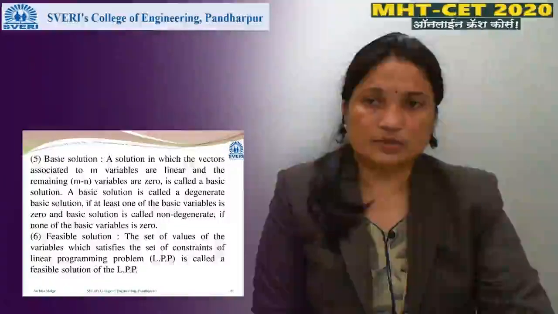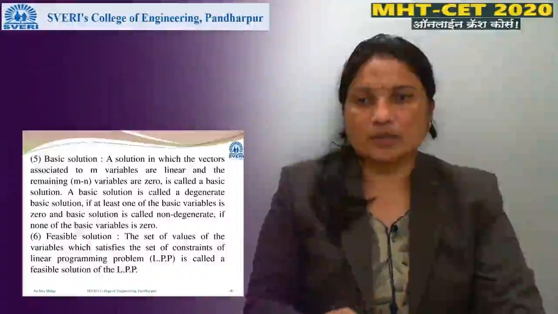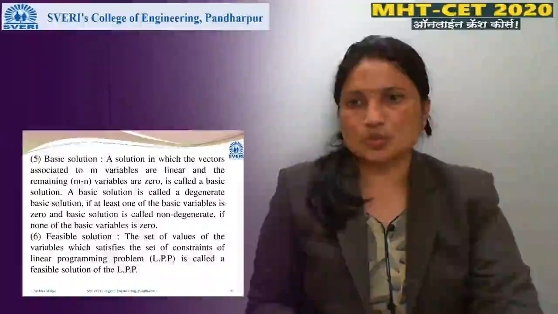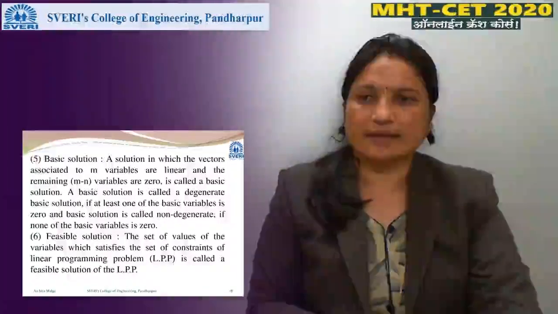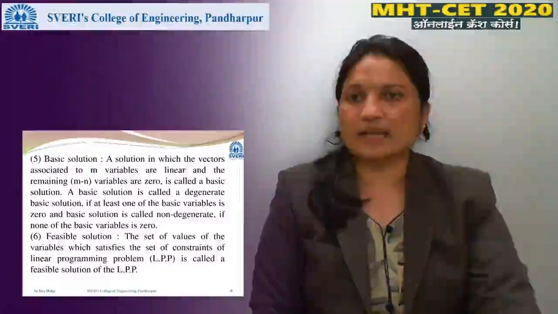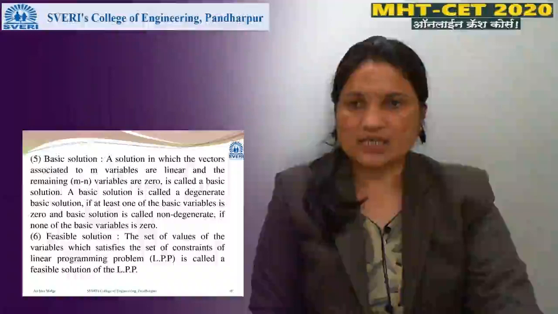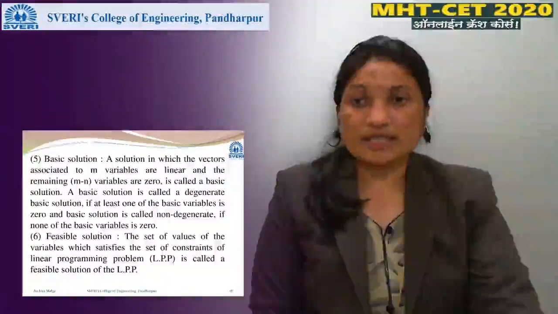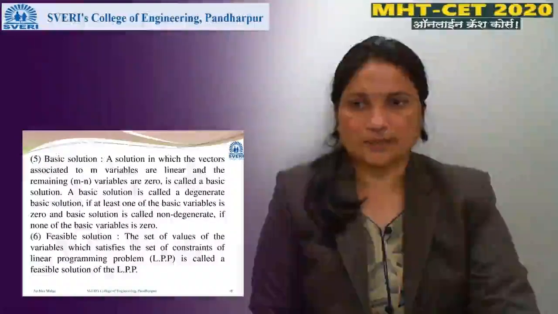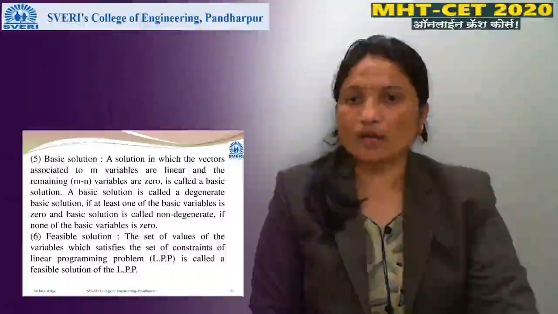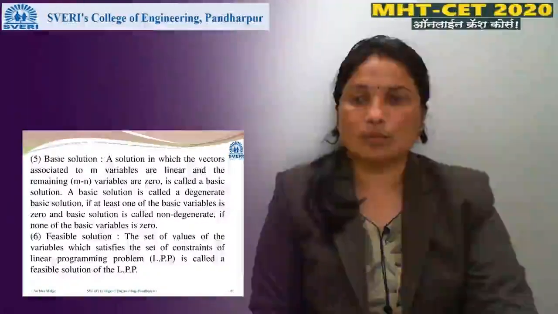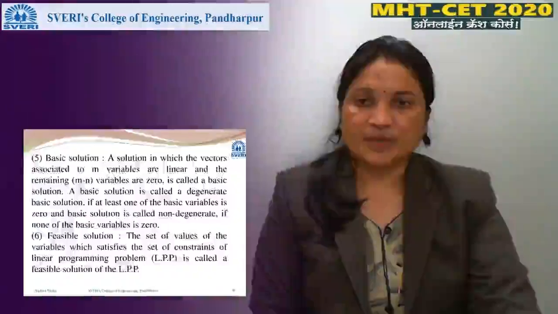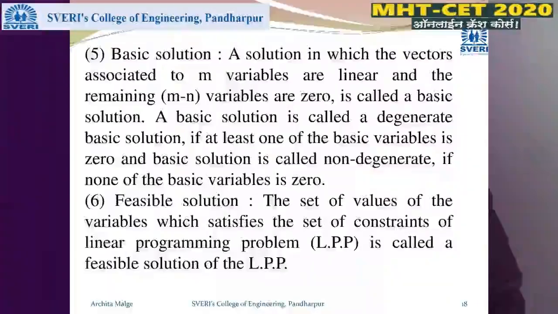Then basic solution: a solution in which the vectors associated to m variables are linear and the remaining n minus m variables are 0 is called a basic solution. A basic solution is called degenerate if at least one of the basic variables is 0, and non-degenerate if none of the basic variables is 0.